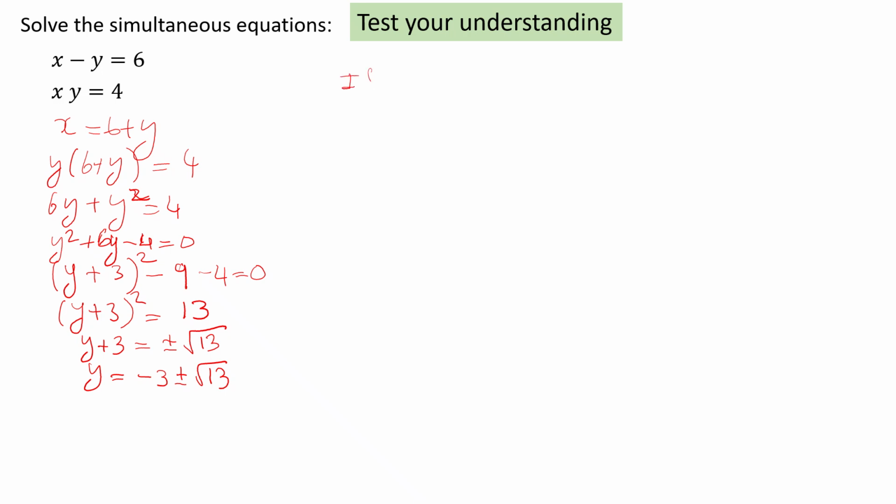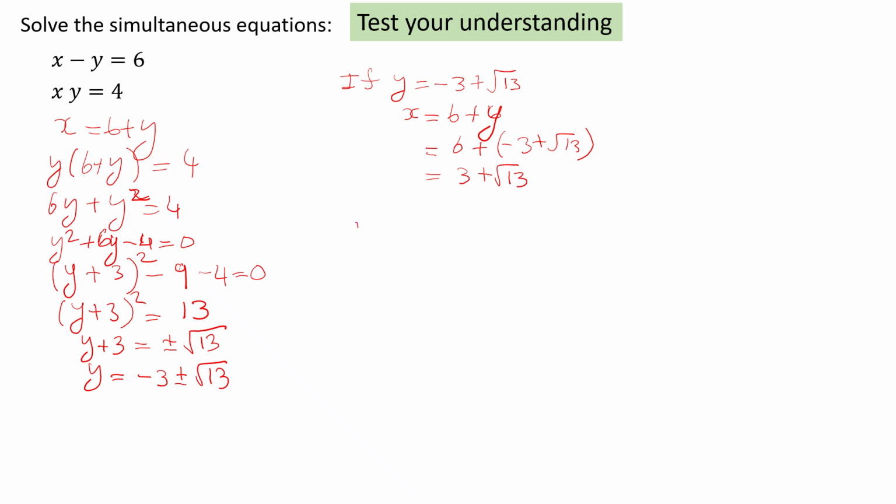If y equals minus 3 plus root 13, then x equals 6 plus y. So 6 plus y is 6 minus 3 plus root 13. Simplify this one: 6 minus 3 is 3, so 3 plus root 13.